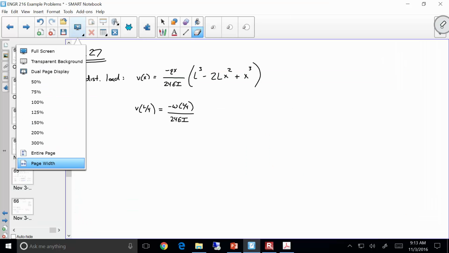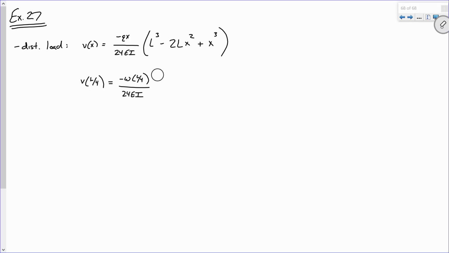All right. So we do the same thing. L to the third minus 2L times L over 4 squared plus L over 4 cubed. Now, when you go through and do all the grunt work, you're going to get V equals the following.